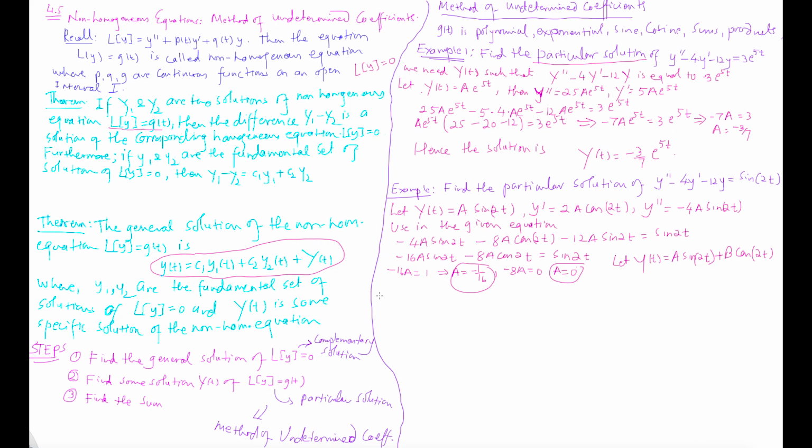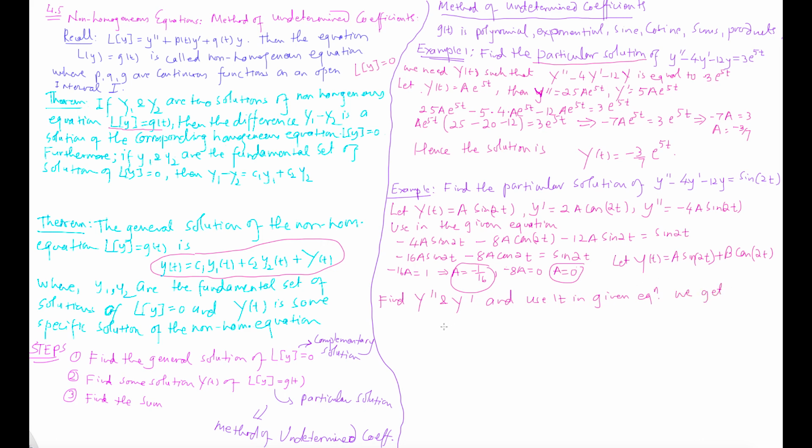So the steps are: find y double prime and y prime, and use them in the given equation. We get two equations.